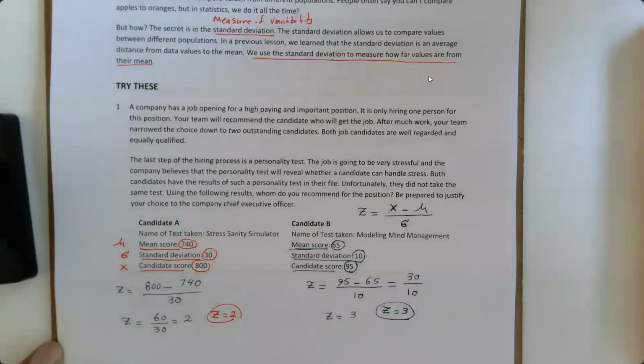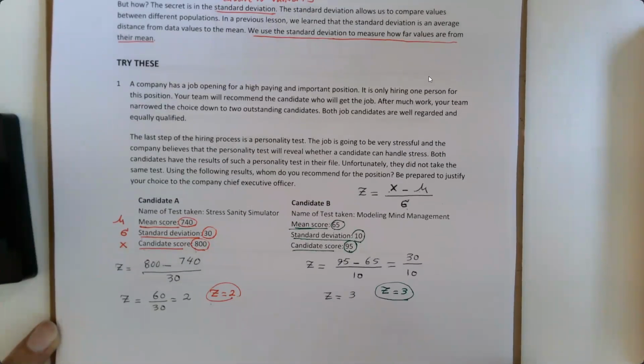So what is our conclusion here? Our conclusion is, since the z-score of candidate B is larger than the z-score of candidate A, it means that candidate B is a better candidate.